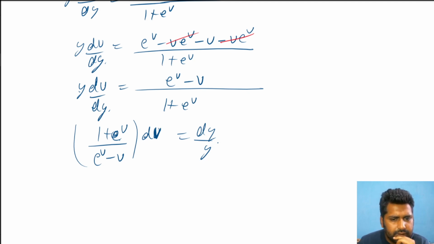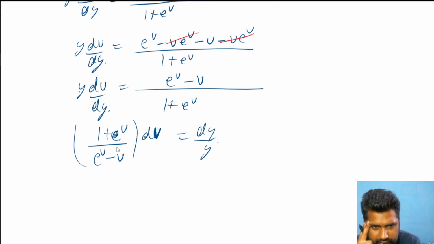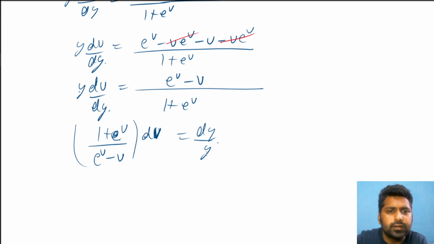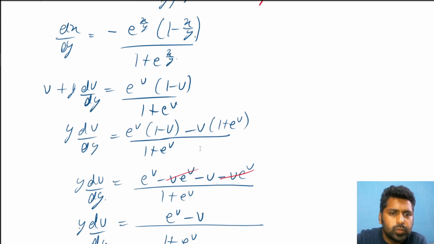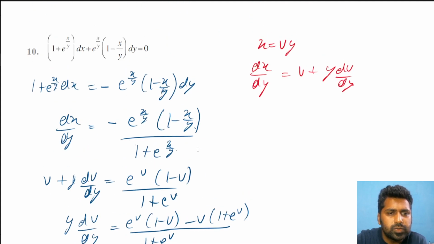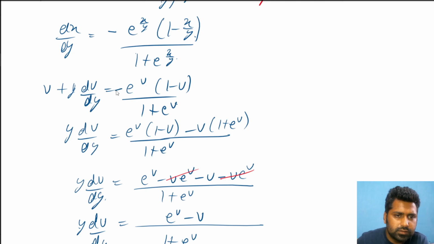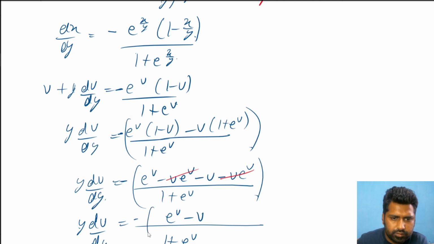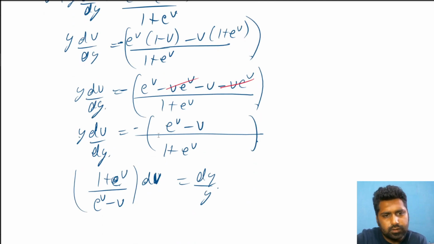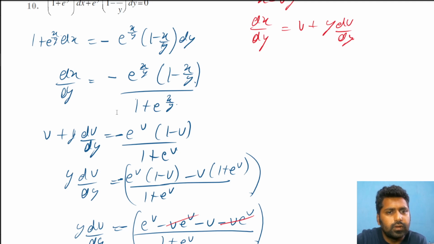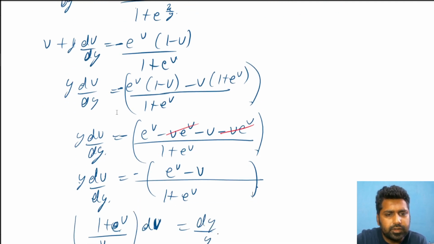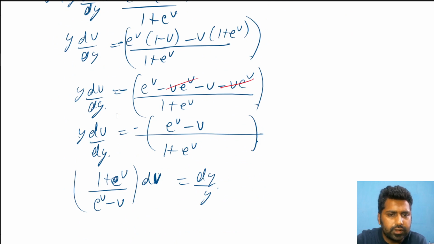If we take the denominator as t, the only problem is e raised to power v is there, minus 1 is there. Is the minus correct? There was also a negative going on. We forgot that. Negative was already there. Got stuck slightly.